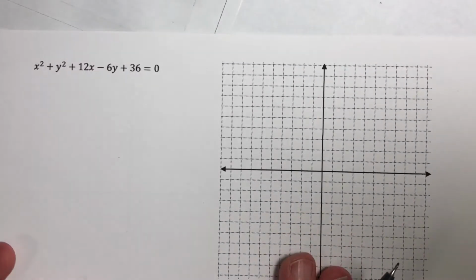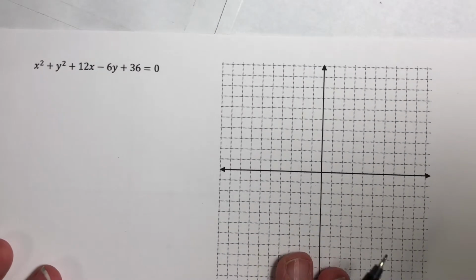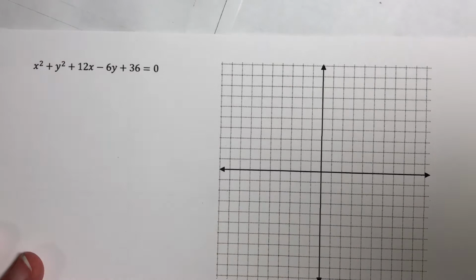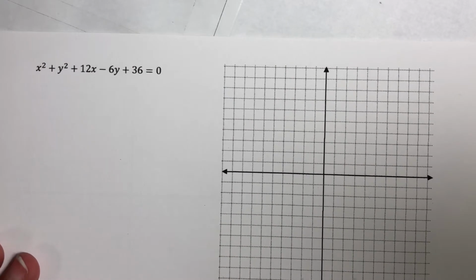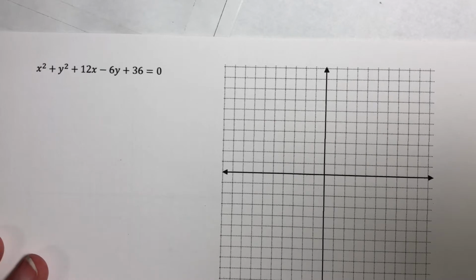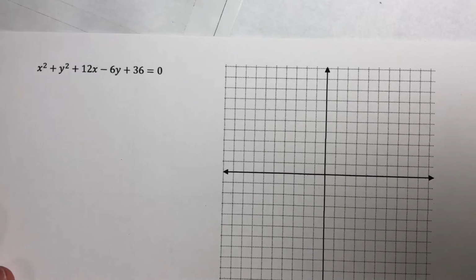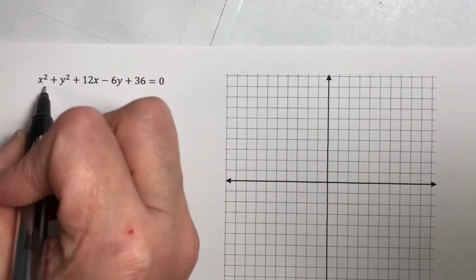Okay, now we're going to do one more of these. Again, in general form, we want to get this thing written in standard form so that we can find our center, our radius, and get the whole thing done. Okay, so I'm going to get my x's together.